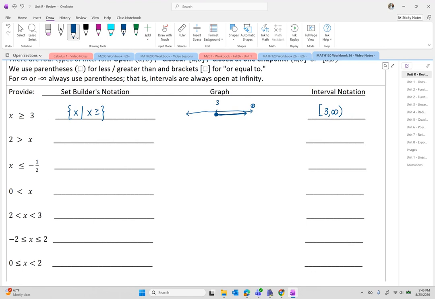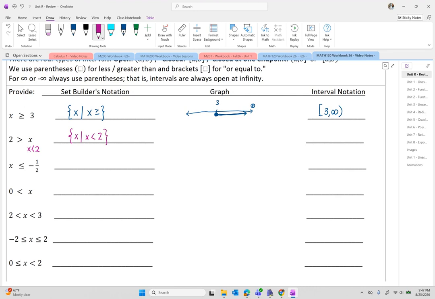If we want to write 2 greater than x, this is the same if we flip the inequality to say x is less than 2. So in set builder's notation, it will be x such that x is less than 2.